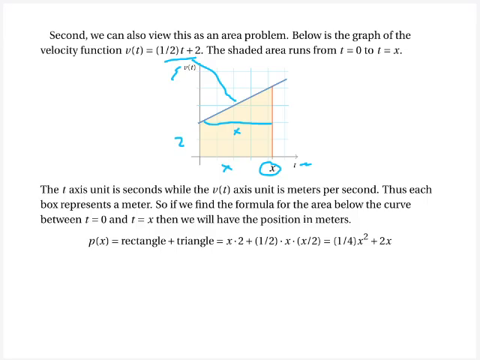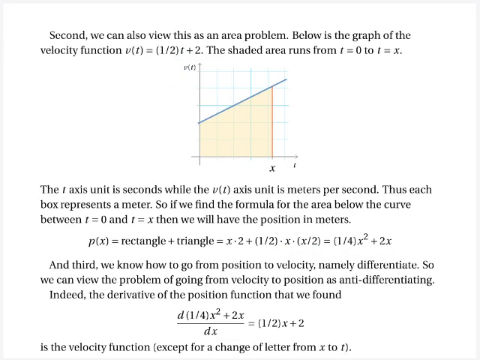So the rectangle plus the triangle, 1/2 base times height. And when you do the algebra and combine them together, you get 1/4 x squared plus 2x. So the velocity function is v of t, and the position function is p of x. I know they have different letters, but we were able to figure out from the velocity what the position is.